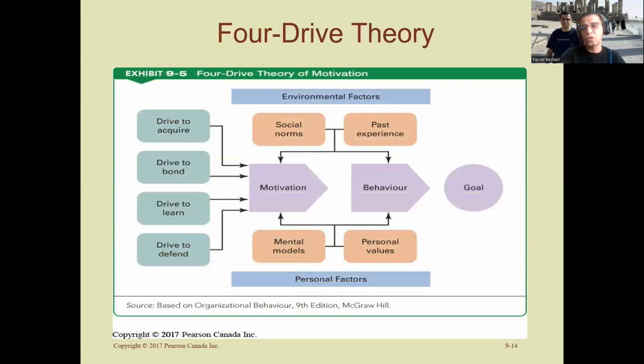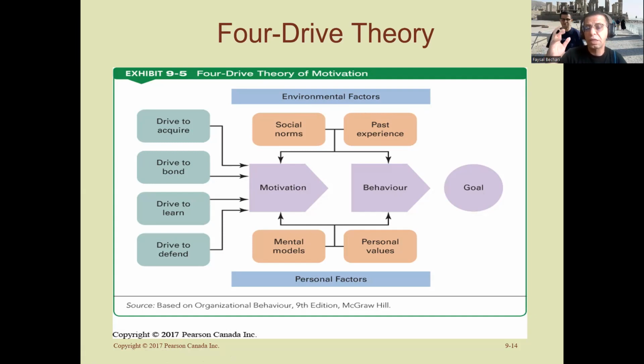In the four drive theory, it could be all of them, some of them, or a combination, but basically there is a drive to acquire, a drive to bond, a drive to learn, and a drive to defend, and all can be motivators. But this motivation has its own influences: environmental factors and personal factors.